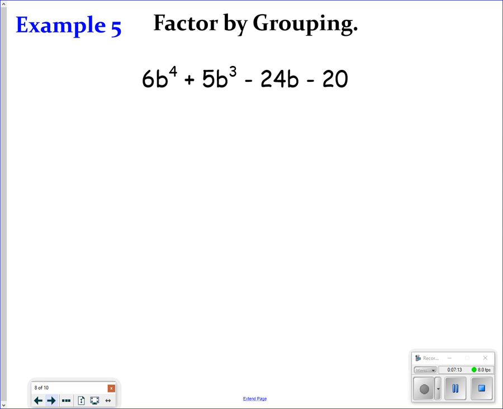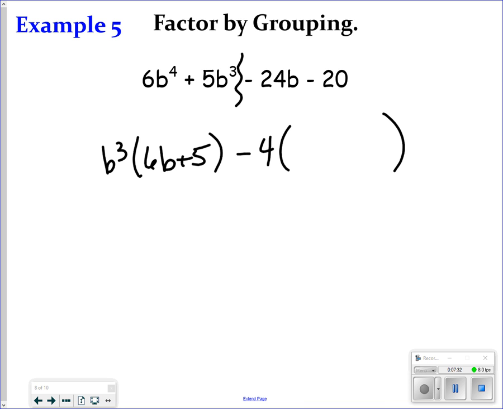Next one, GCF of just the first two. So now I'm going to take out 3 b's out of the first two. If there is a negative sign in front of, you're going to take a negative out with it. So not only are they divisible by 4, but I would take out a negative 4. Now remember, you're dividing by that number.